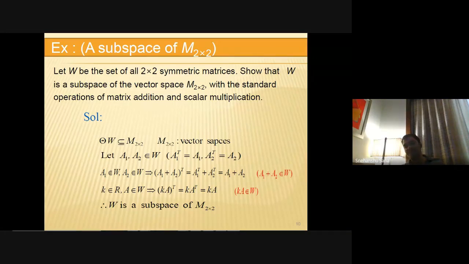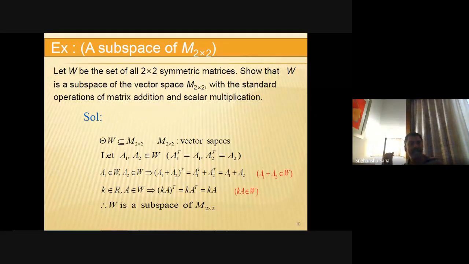From the properties of transpose, it's no big deal that (A1 plus A2) transpose is A1 transpose plus A2 transpose. And since A1 and A2 are real and symmetric, you can replace A1 transpose and A2 transpose with A1 and A2. So A1 plus A2 is closed in W, right?